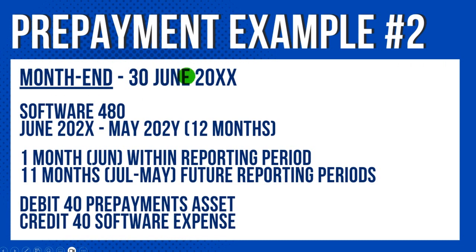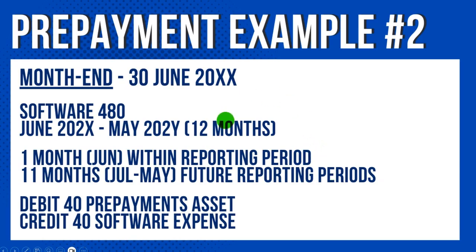So in this month of June, there's 480, pounds, yen, euros, that shows on the profit and loss, but it's not relevant to June. Only 1/12 of this is. So we need 1/12 of this to show in June, and then we need the 11/12 to show in future reporting periods. We're trying to spread the cost to the periods of cover. So 1 month within the reporting period, 11 months within future periods.